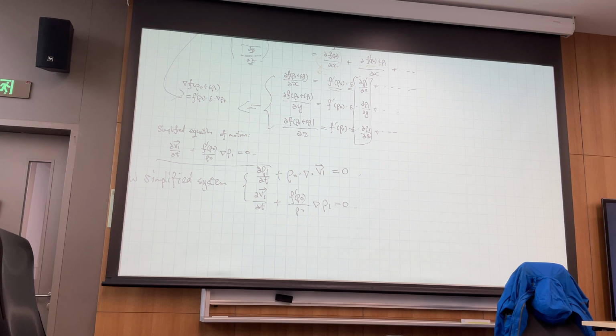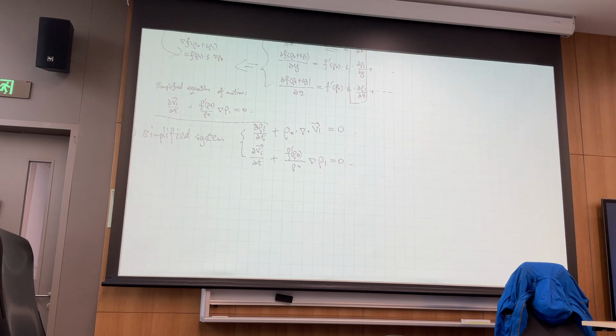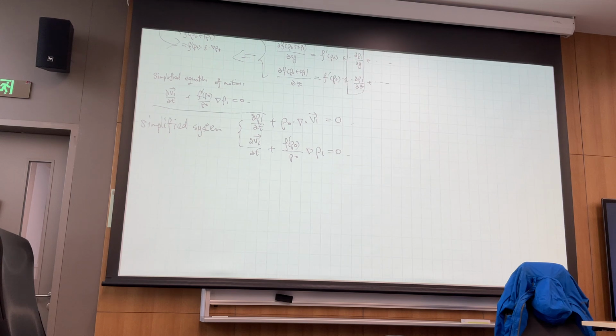What should I do? The first equation involves a divergence of v1. The second equation doesn't directly tell me the divergence of v1, but it tells me about the time derivative of v1, right? So what does that mean? The first equation has no partial t for v1.